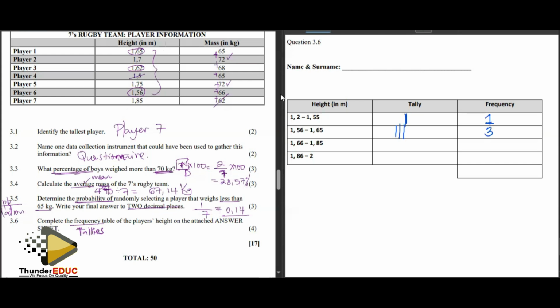Between 1,66 and 1,85, the first one is here. 1. This one is in between. Also we have 1, so also here we have 3 of them. Here we have nothing. That's how we fill in the frequency table.